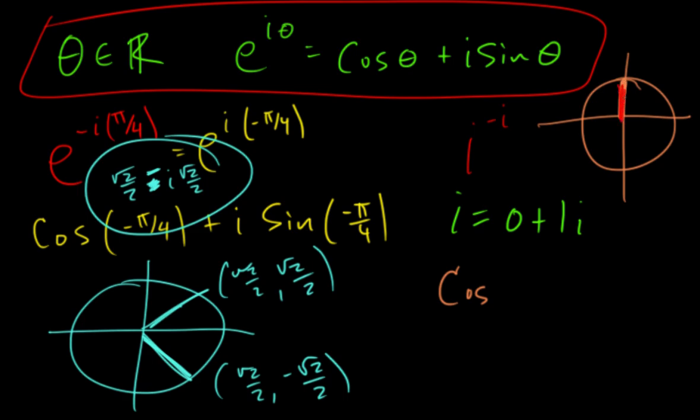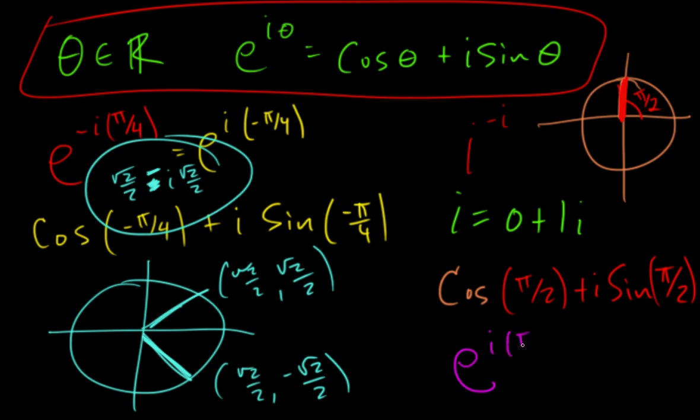So we're right here, and that's pi halves when we go there. And so we're going to get cosine of pi halves plus i sine of pi halves. And when we do that, we're going to end up with e to the i pi halves. So we're just using this in reverse.